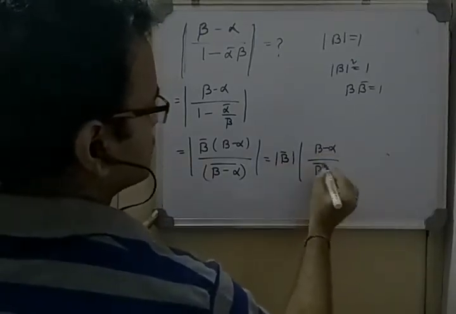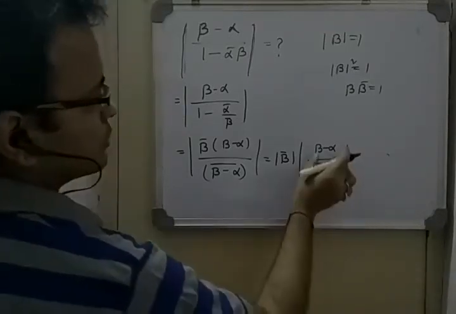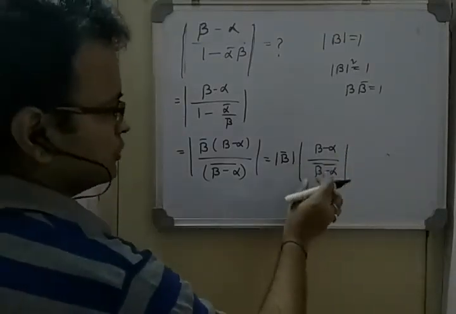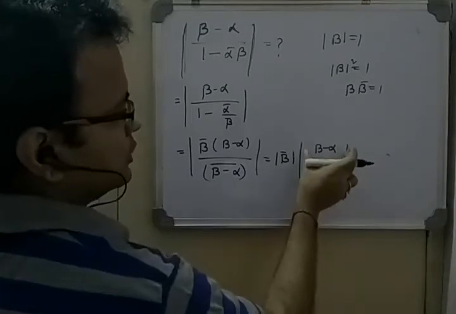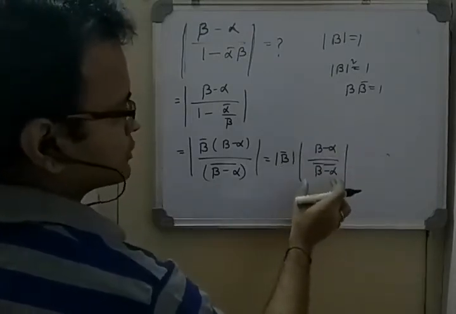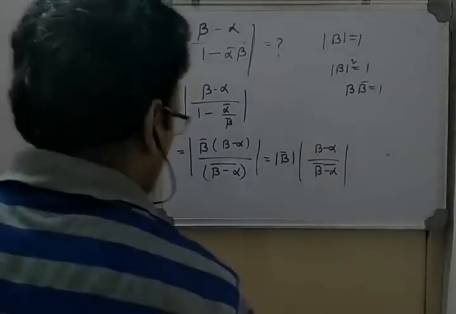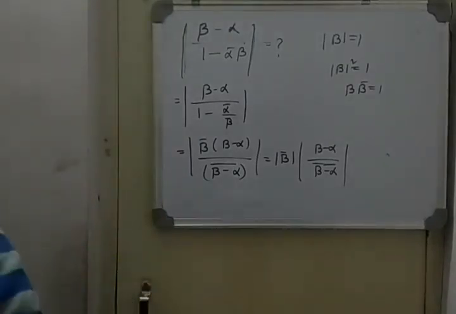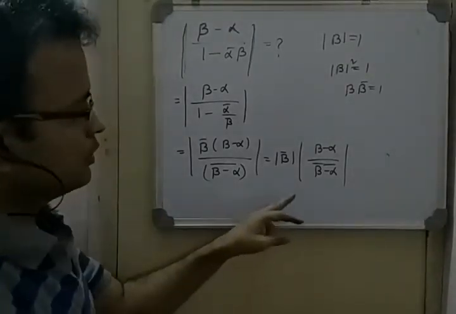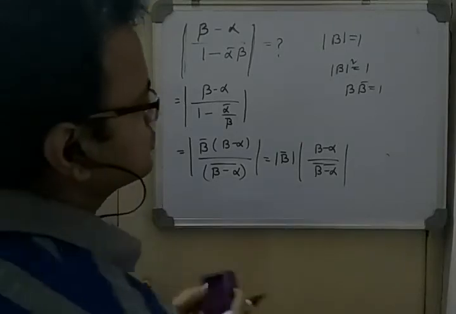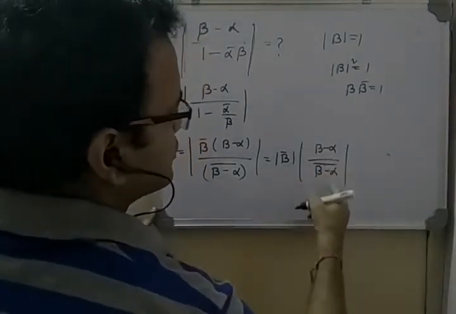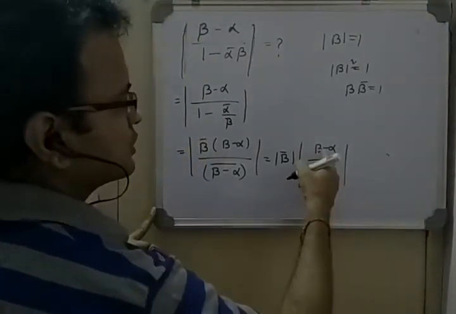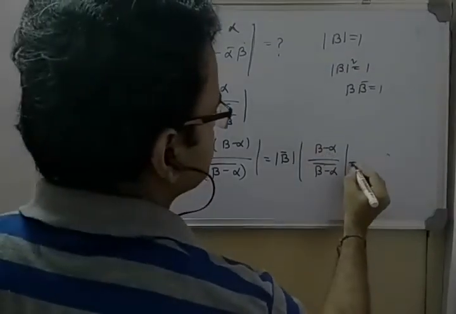Now we know that mod of beta minus alpha and mod of beta minus alpha bar, these are two complex numbers, that means mod of z1 by z2.